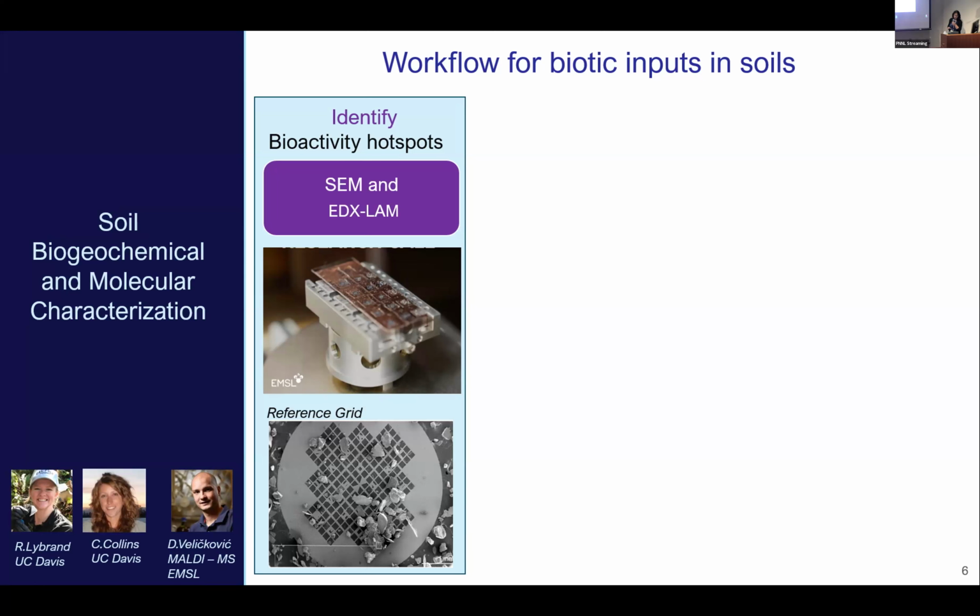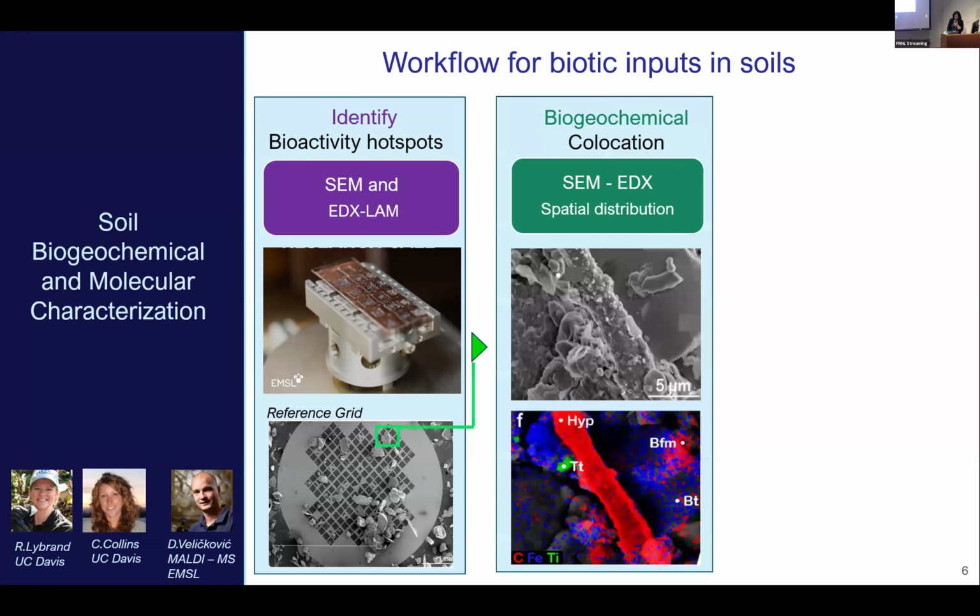You'll see an image where Dushan used his MALDI MS to give some information on the type of carbon we have here. We're using the SEM and the EDX detector. We can do analysis on about 18 of these reference grids loaded into the sample holder on top, and we can do this overnight. We don't need to sit by the microscope to do this type of analysis.